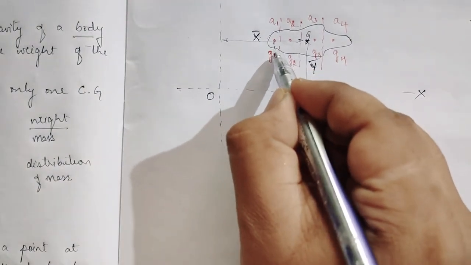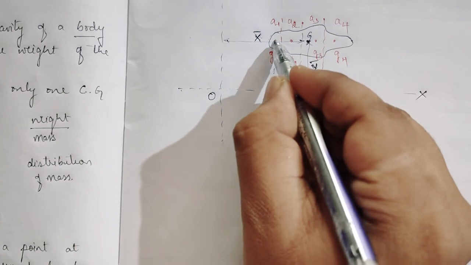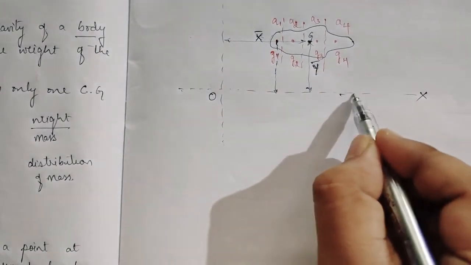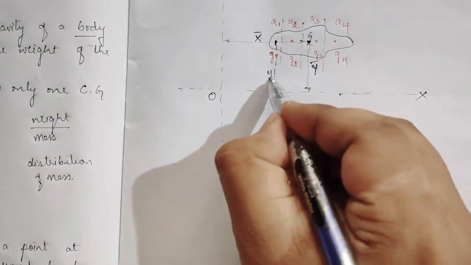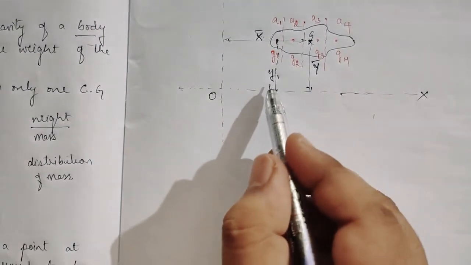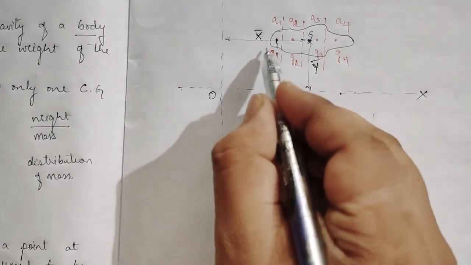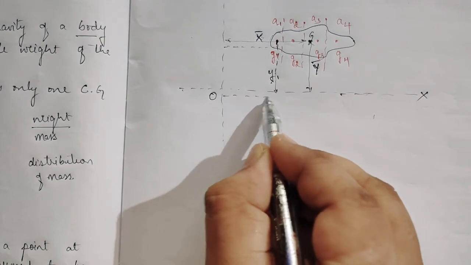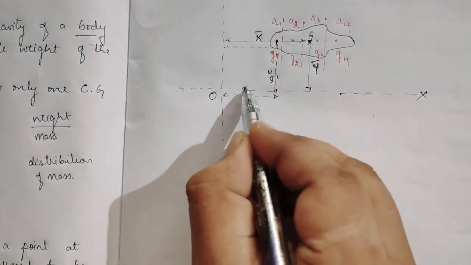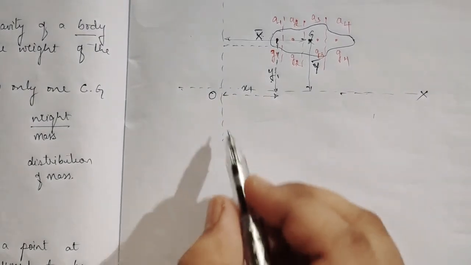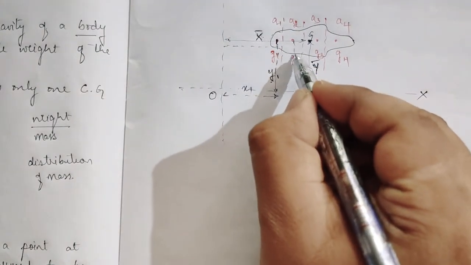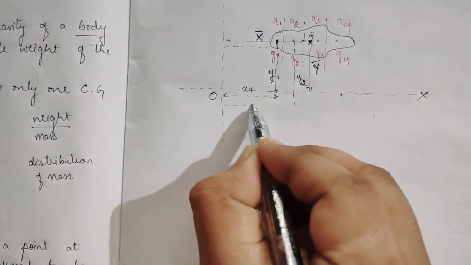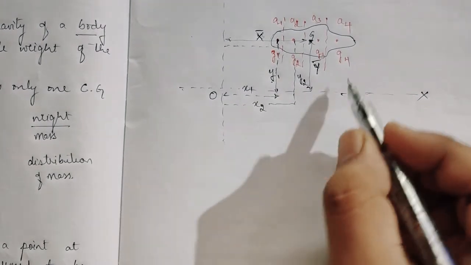See here, the distance of small g1 from the x-axis, I'll take as y1. Any vertical distance I'll take as y, and any horizontal distance from the y-axis, up to this, is x1. Similarly for g2, this is y2 and up to this it is x2.